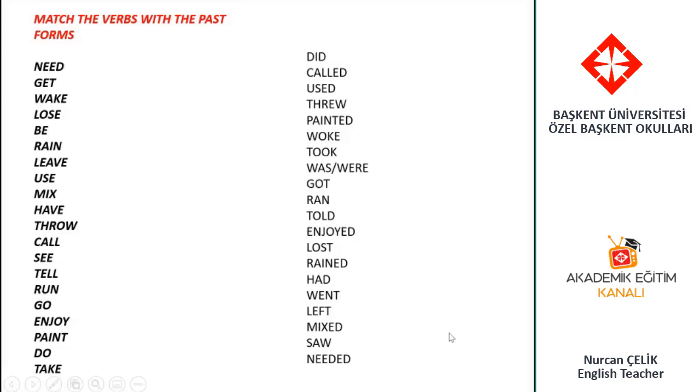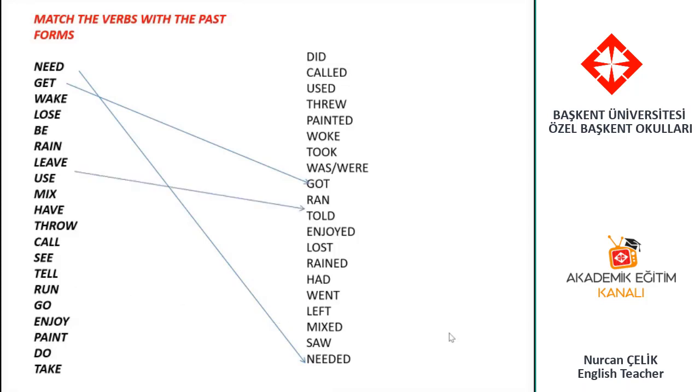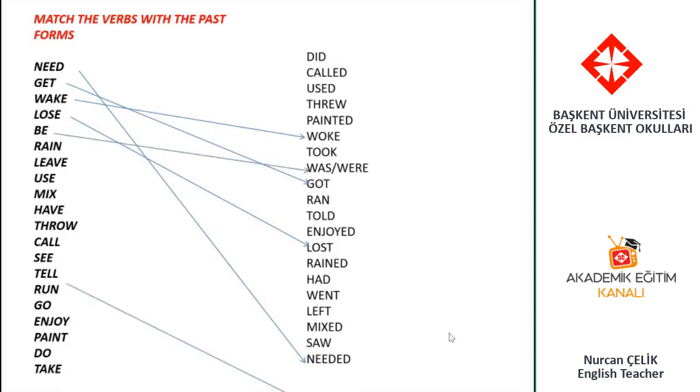Let's see the first one, need. It's a regular verb and it changes as needed. Get is irregular and it changes as got. Wake, woke, irregular. Lose, lost, irregular. Be, was, were, irregular.